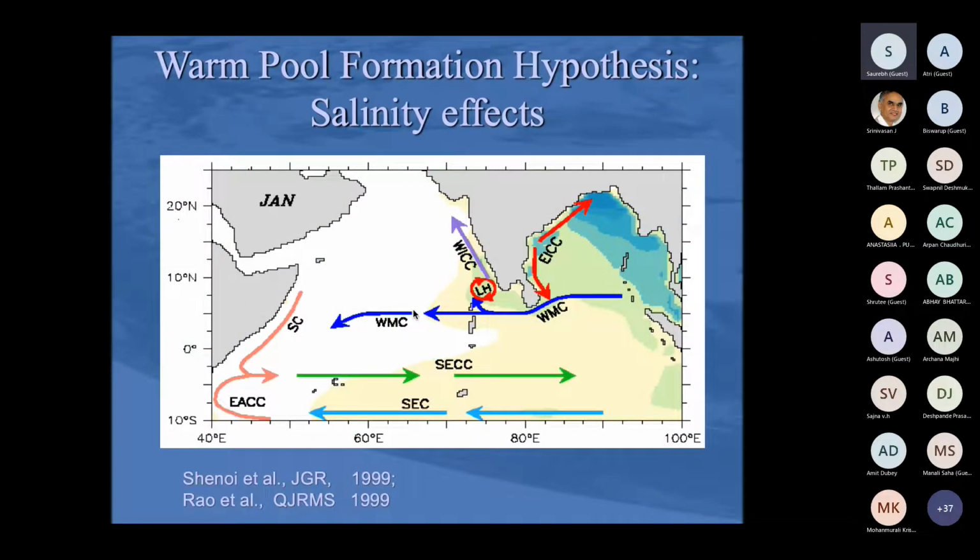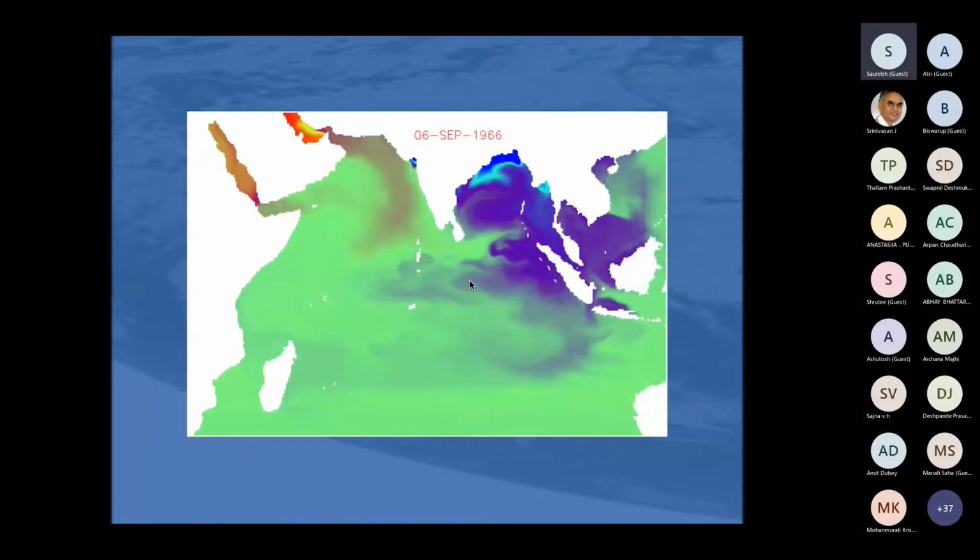So the theory, the proposal, was that there is the East India Coastal Current which brings low salinity water, which gets trapped here, which creates a barrier layer and which traps solar radiation and heats the ocean to very unusually warm levels. So the major challenge at that time was to get the low salinity water simulation right.